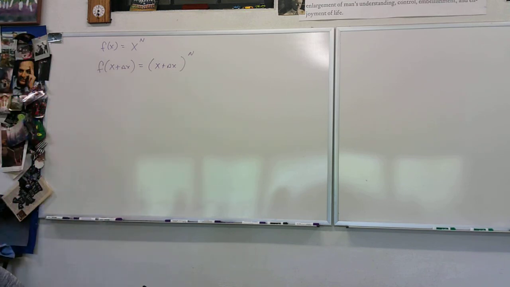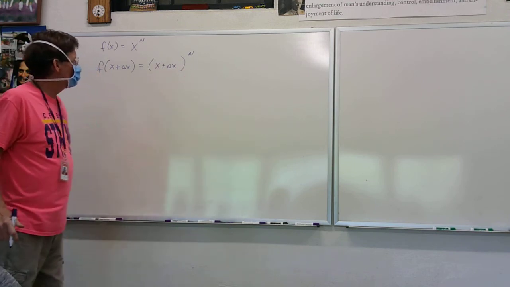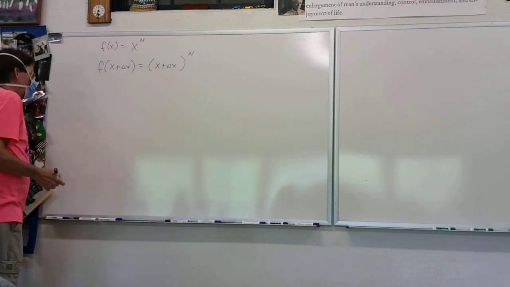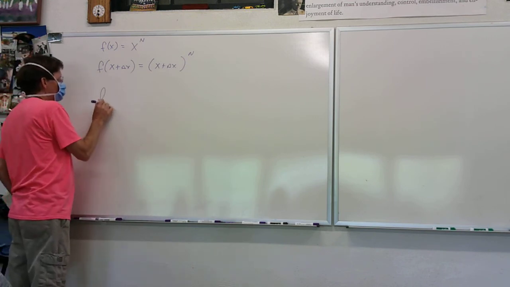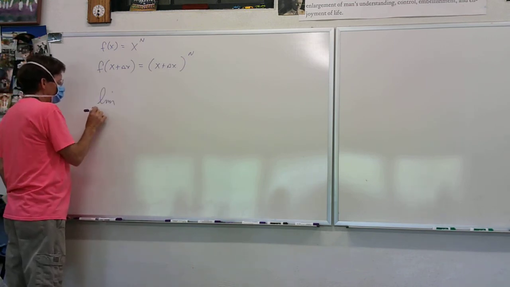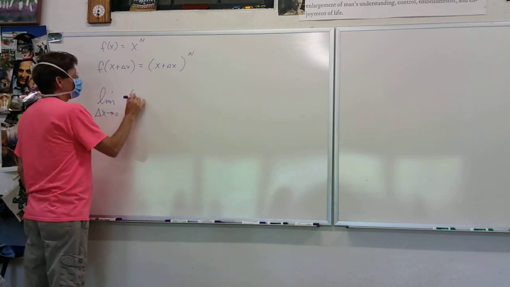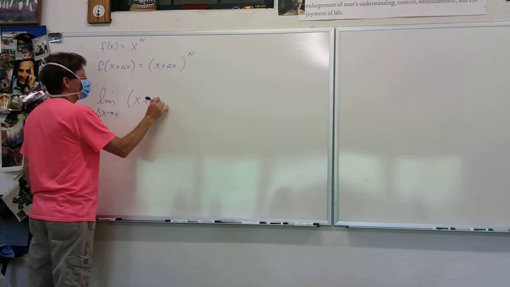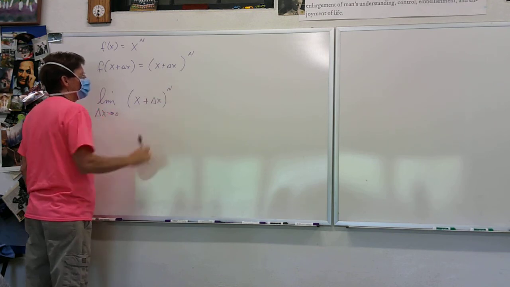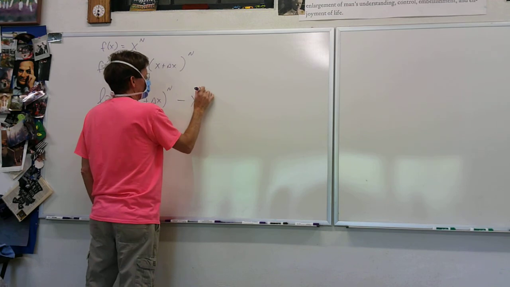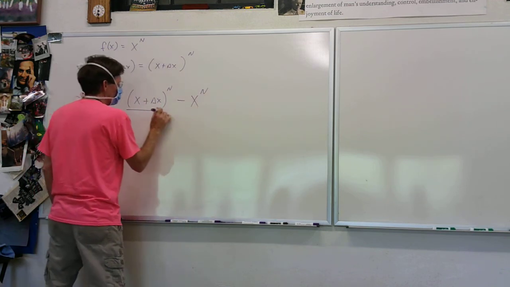And then you put them in your limit rule. Anytime you're proving these derivatives, or a lot of these derivatives, you're going to need your limit rule. So we're going to do the limit as delta x approaches 0 of x plus delta x raised to the nth power minus x to the nth over delta x.